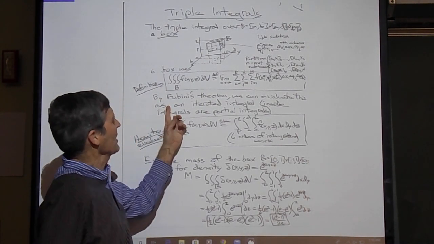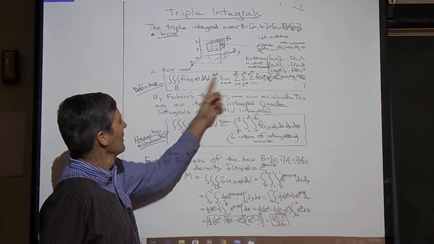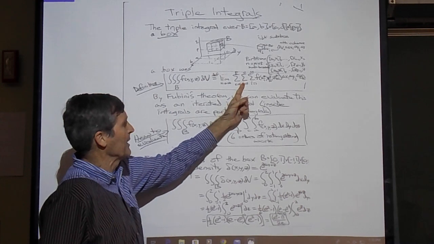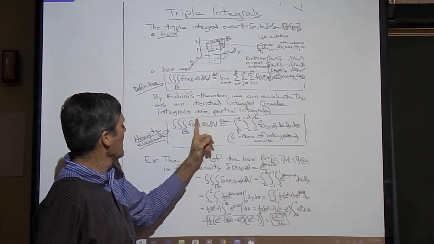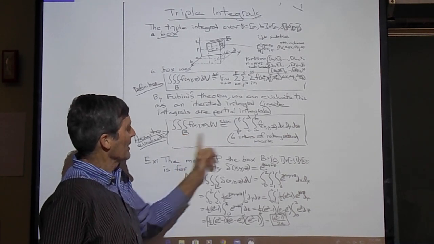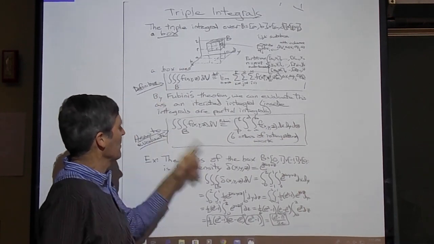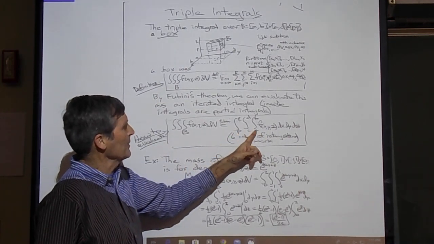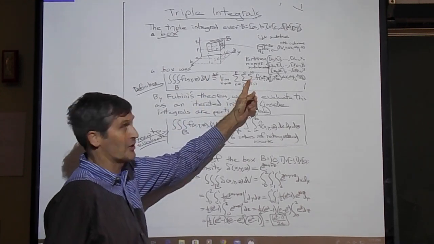We remember from last time Fubini's theorem, we can evaluate this integral. This is the definition of the definite integral. Fubini said that for a continuous function f over a box, we can evaluate it by taking an iterated integral. So this is different than this. This notation means this limit of the sum.